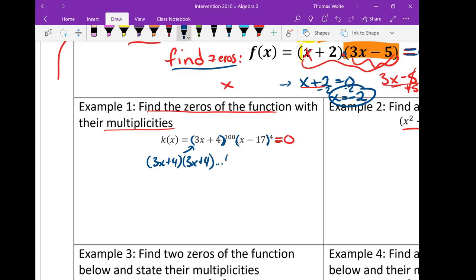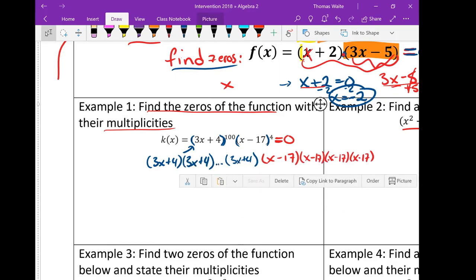Then that's being multiplied by x minus 17 4 times, and 2 more times after that. So that one I did write them all out because I can write out 4 terms pretty easily.